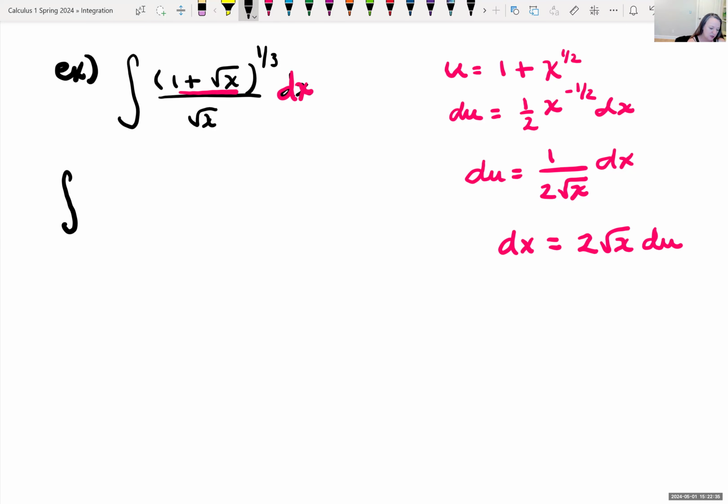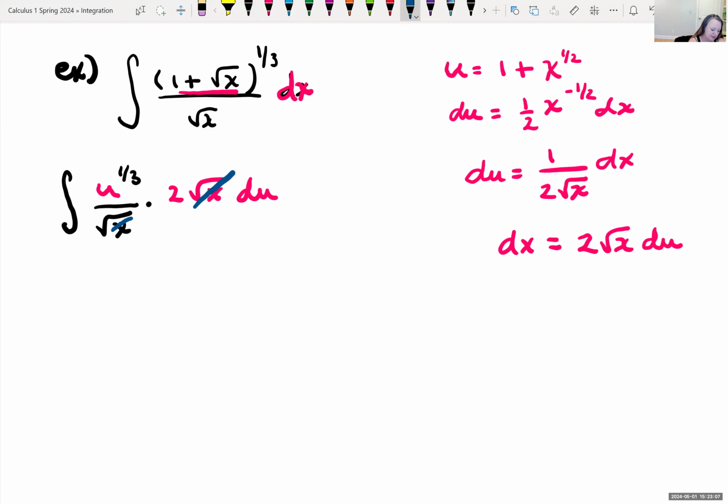So we have now u to the 1/3 power all over the square root of x times dx, but dx is 2 square root of x du. So we know that we chose this correctly because now when we simplify, the square root of x cancels, and now we just have a function in terms of u.